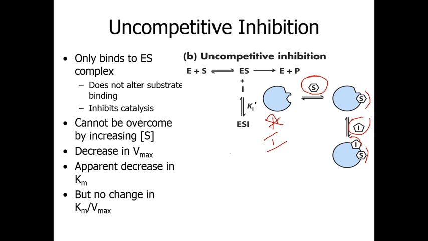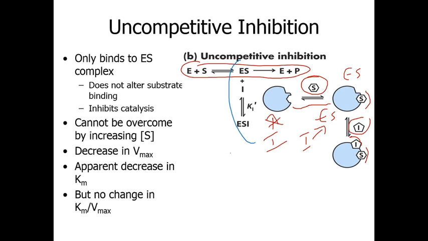The inhibitor is binding the ES complex. Once the enzyme and substrate encounter and form the ES complex, the inhibitor binds that complex. You change the scheme in such a way that ES goes to ESI in a reversible equilibrium, and this is given by Ki prime.